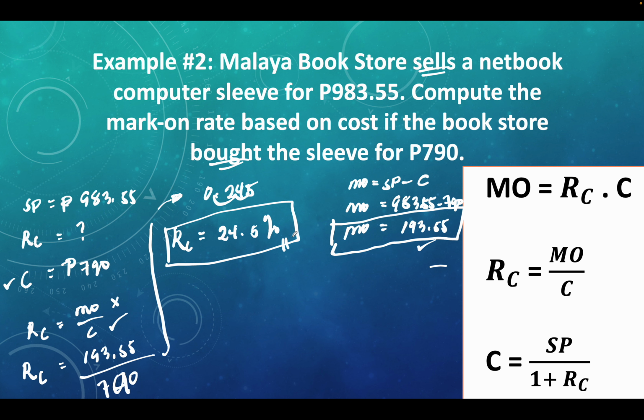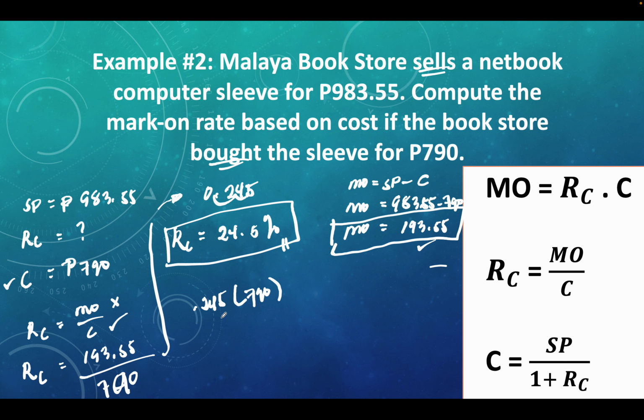So, to know if our answer is correct, we multiply the rate based on cost by our cost. And then, after that, we add it to the cost. What we should get is 983.55. So, we multiply 24.5, when you move the decimal that would be 0.245, times our cost, which is 790.